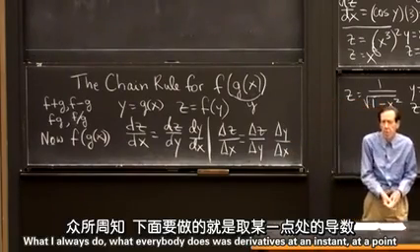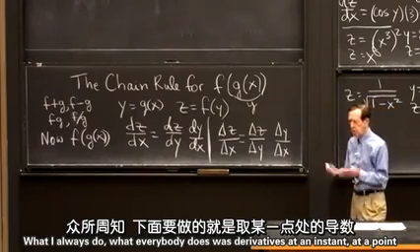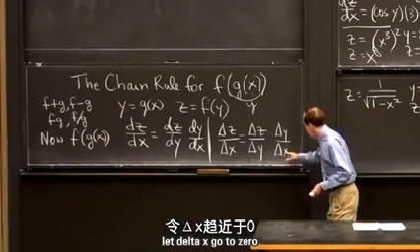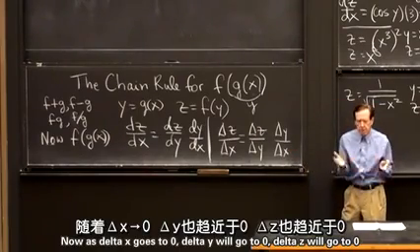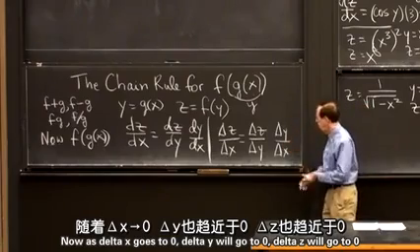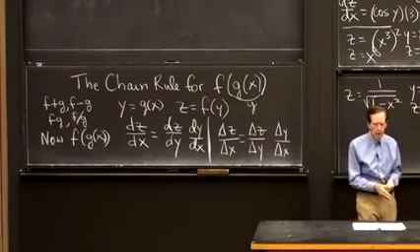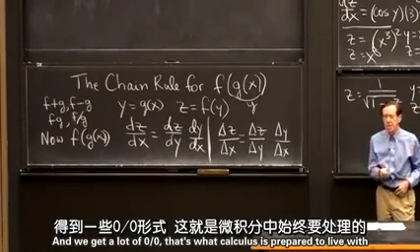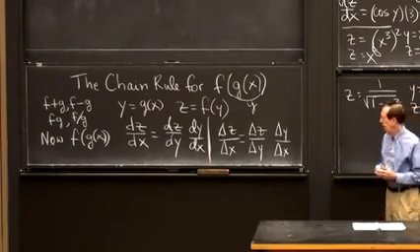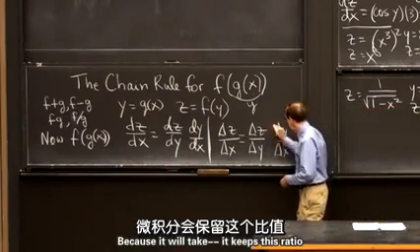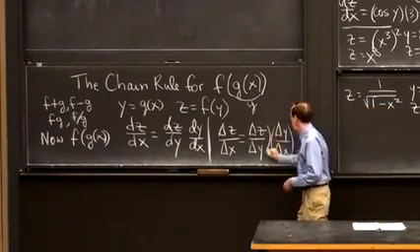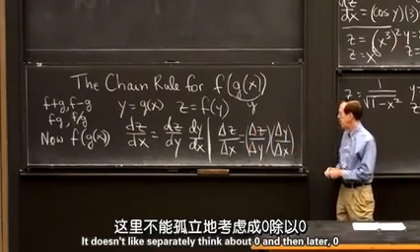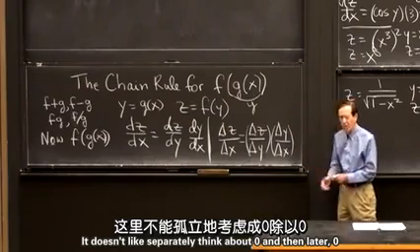What am I going to do? What everybody does with derivatives at an instant, at a point. Let delta x go to 0. Now as delta x goes to 0, delta y will go to 0, delta z will go to 0. And we get a lot of zeros over 0. That's what calculus is prepared to live with, because it keeps this ratio. It doesn't separately think about 0 and then later 0.